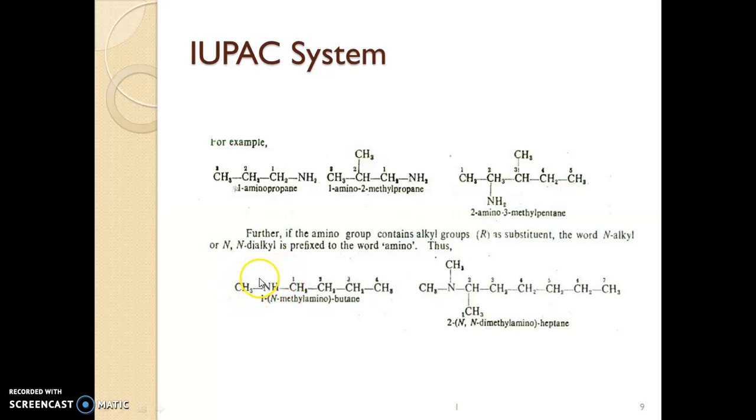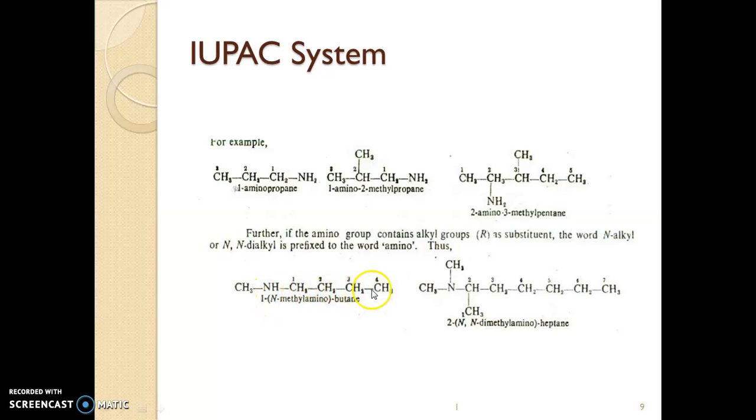So in this case we have to use the word N-alkyl or N-dialkyl. Only one alkyl group is attached to the functional group NH, so here we have to use N-methyl.